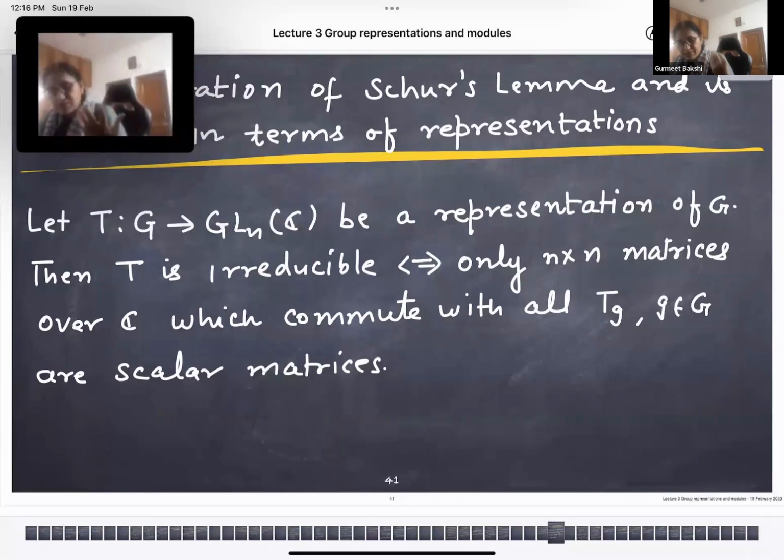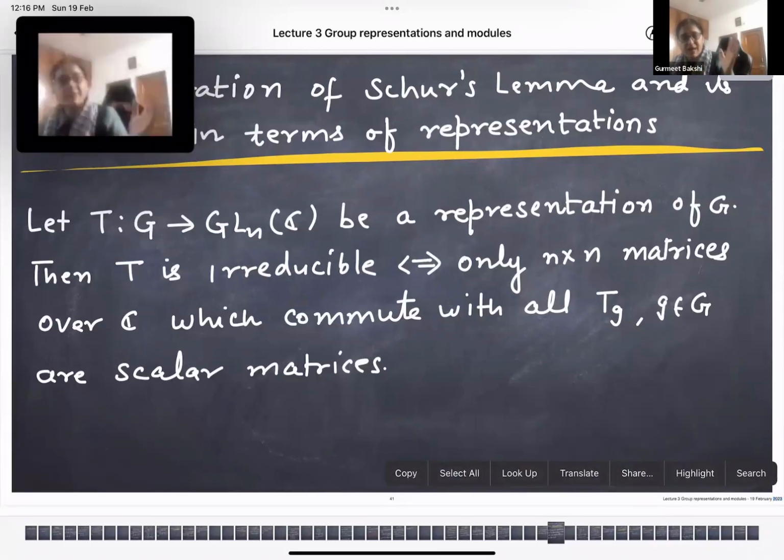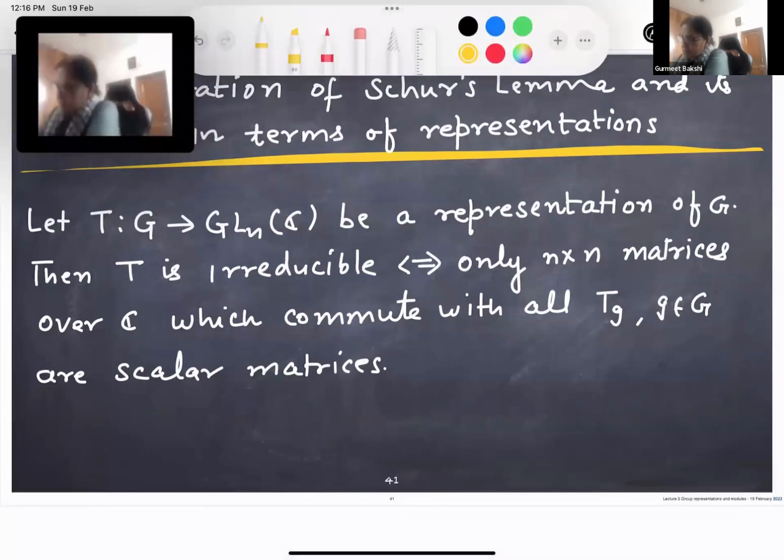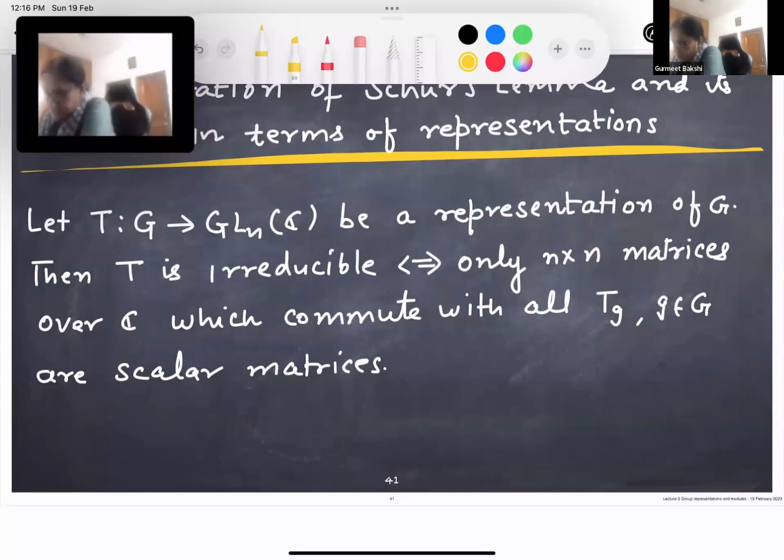And you know that a matrix which commutes with all other matrices has to be a scalar matrix. But this says that if the only matrices which commute with all the Tg are scalar matrices, then the representation is irreducible, and vice versa. So it gives you a necessary and sufficient condition on irreducibility of representations.